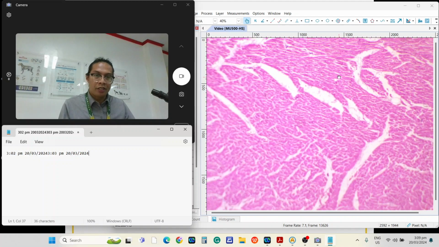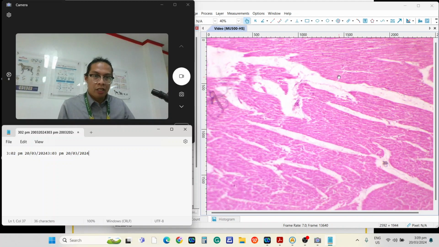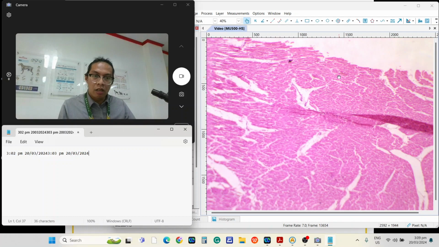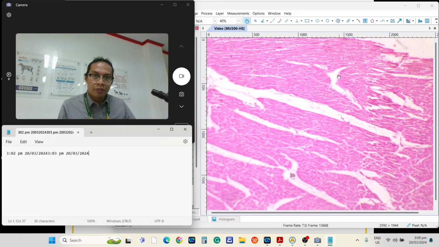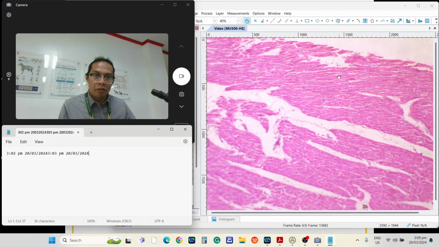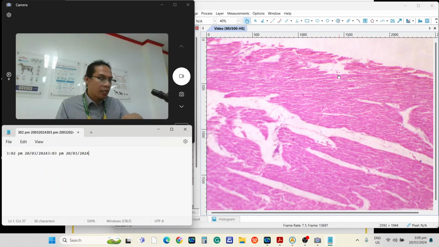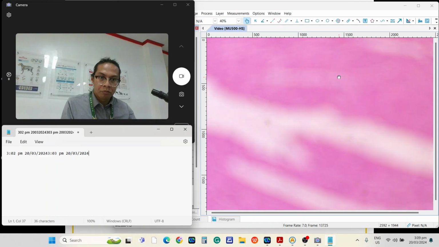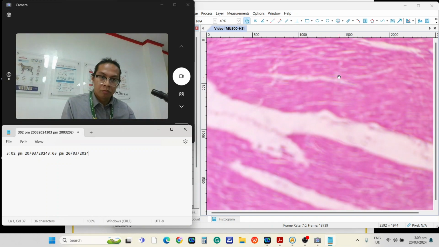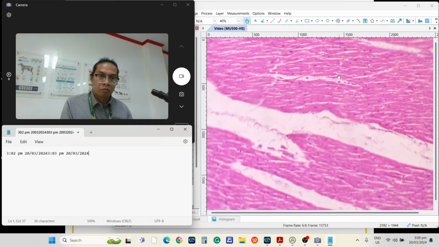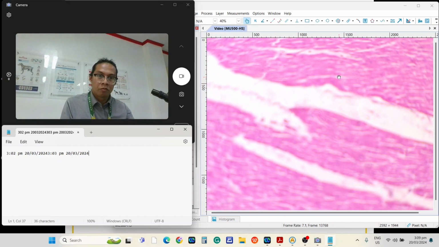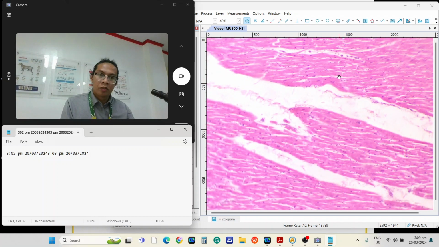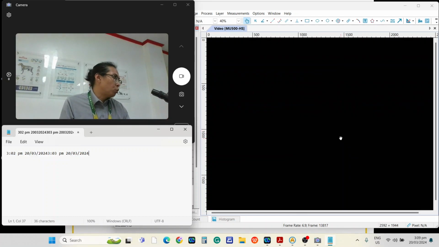Okay, as you can see, it almost resembles that of the skeletal muscle. However, branching ang kanyang itsura. Let's go deeper. So those are the cardiac muscle tissue.